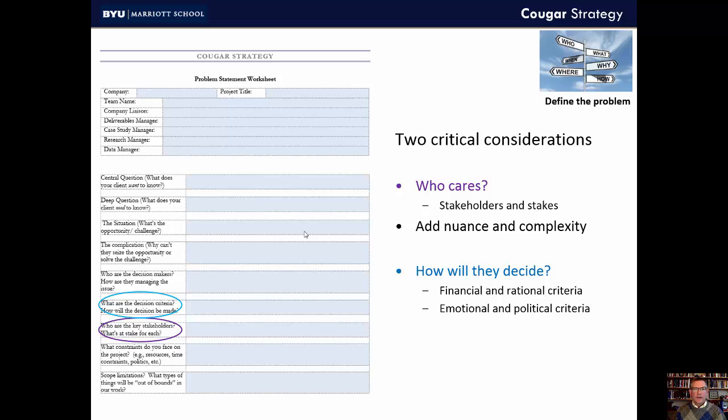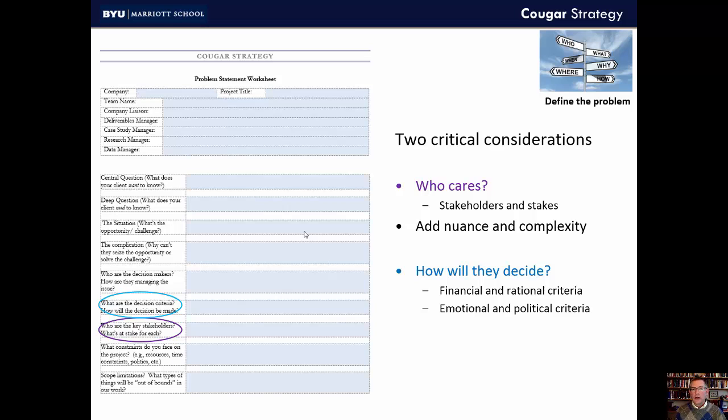And then you need to understand, going through this process, what are the decision criteria that the organization is going to use to adopt or reject your proposal. So are there going to be financial and rational criteria about means, ends, pros, cons, net present value? Or is this an emotional decision where you're providing relief or an out from fear?